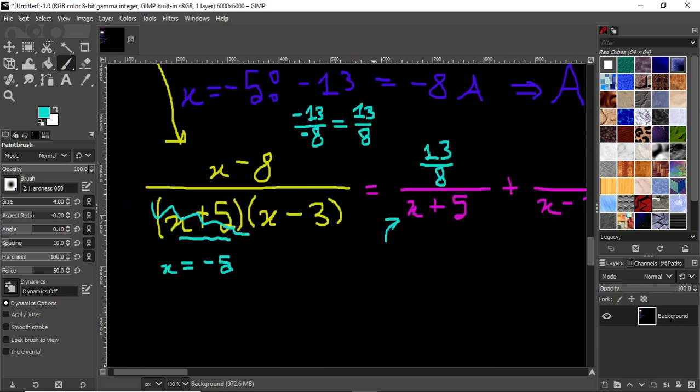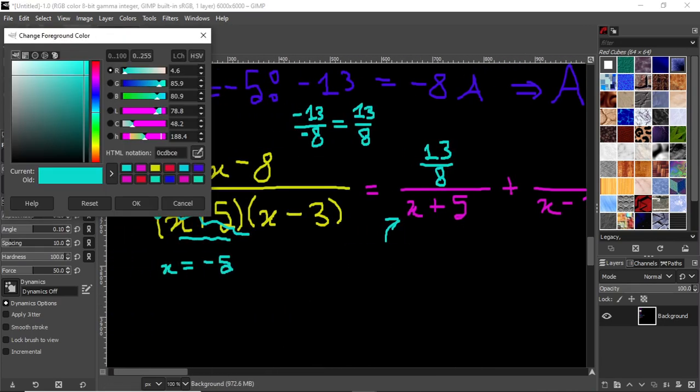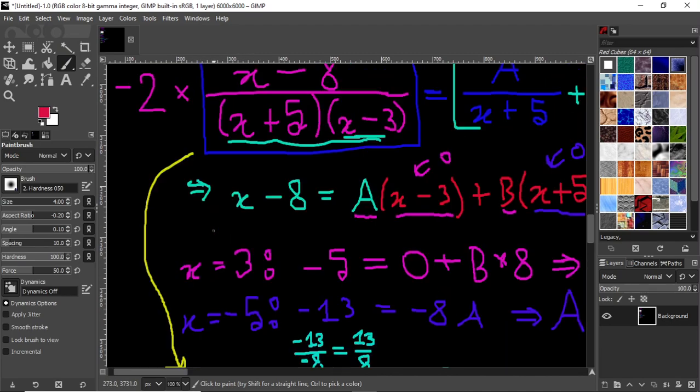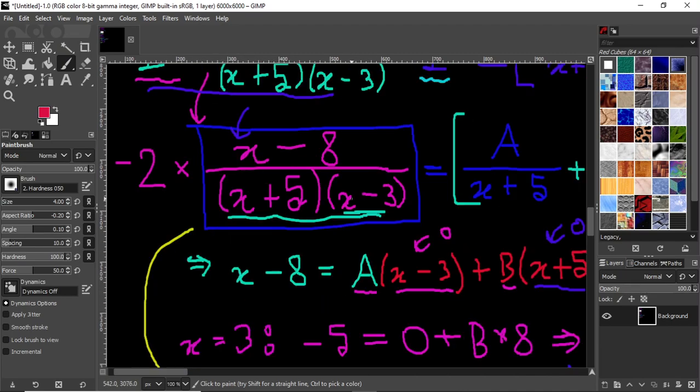Let's try to do it with x minus 3 also. I don't want to pretend that this doesn't exist anymore. Let's do it here. For the next one, let's pretend x minus 3 doesn't exist. First, what makes this 0? x equals 3, right? So now this doesn't exist.